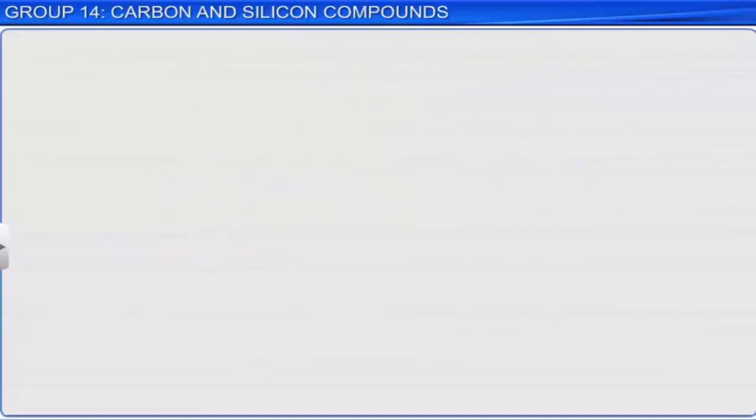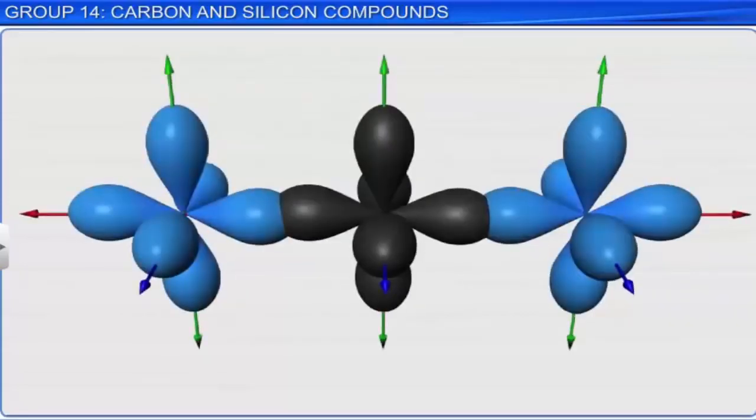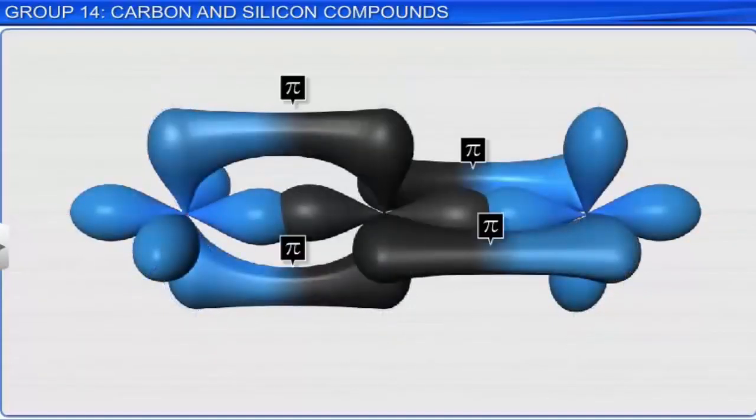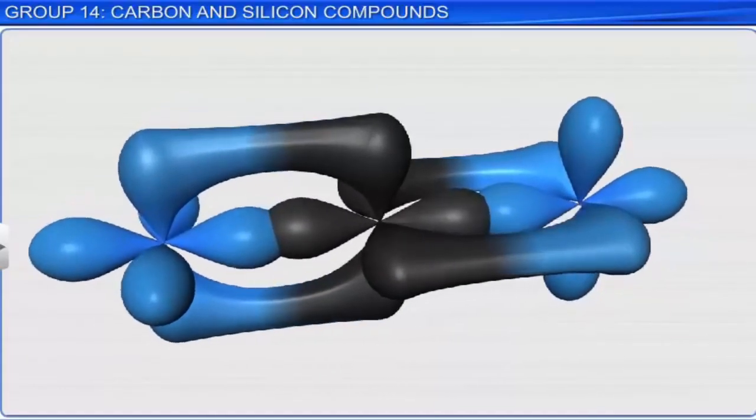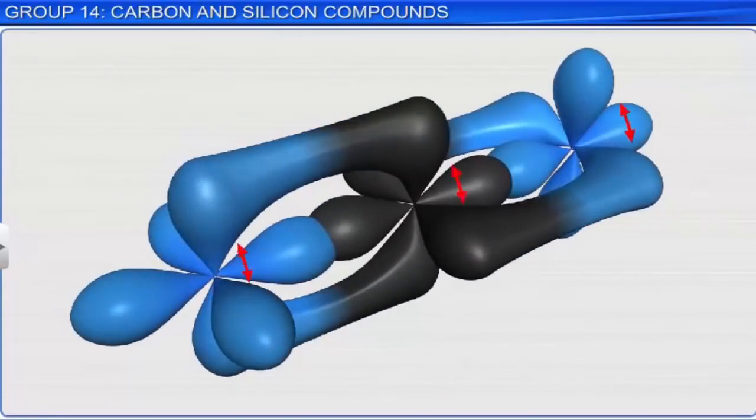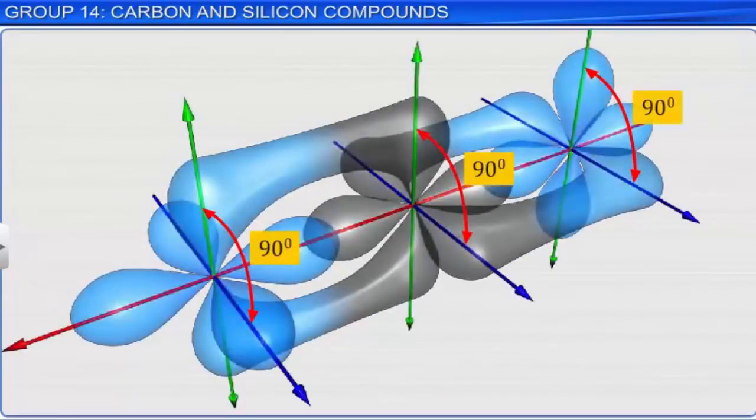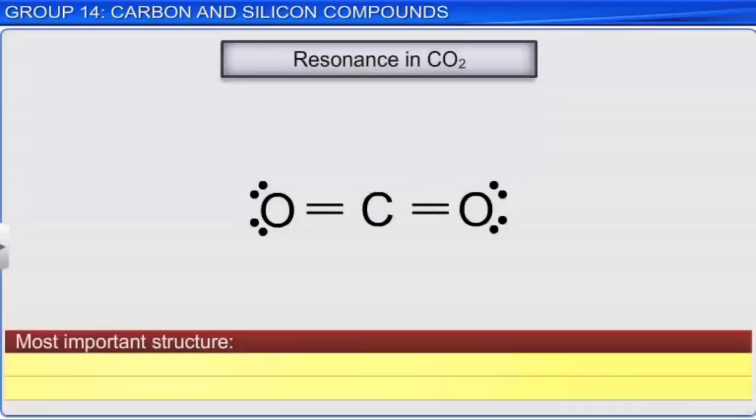As shown in the illustration, the sp hybrid orbitals overlap to form a sigma bond with each oxygen atom. Each unhybridized p orbital on the carbon overlaps with an orbital on each oxygen to form a pi bond to each oxygen. Notice that the pi bonds are at an angle of 90 degrees to each other. The most important Lewis structure for carbon dioxide has both the oxygen atoms double bonded to the central carbon atom.